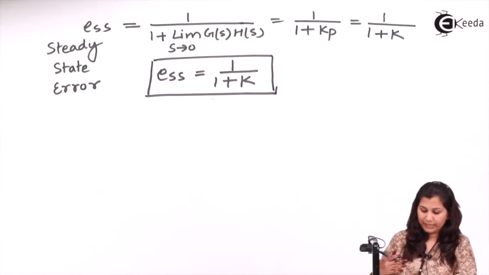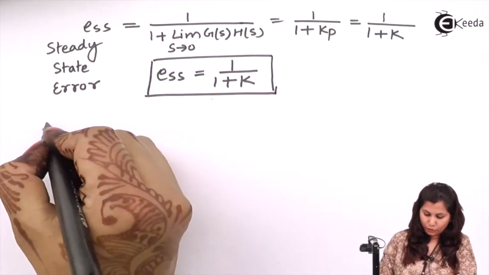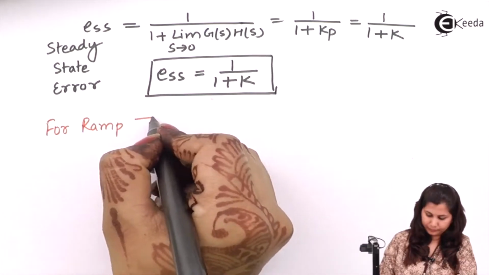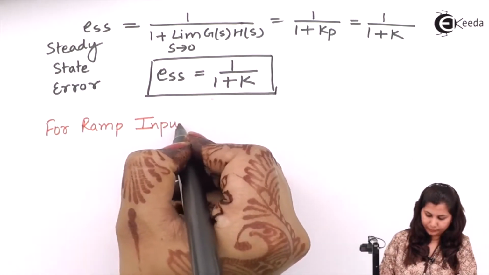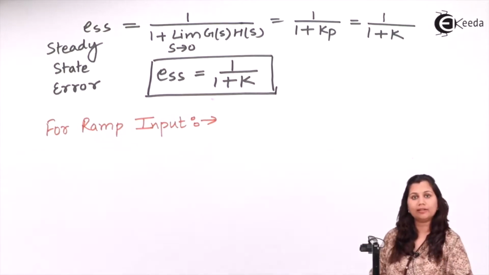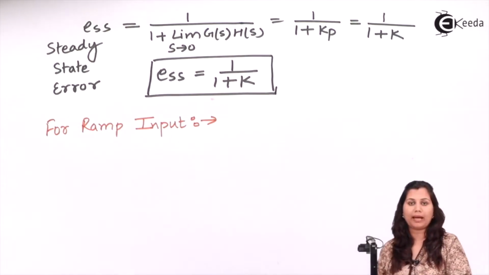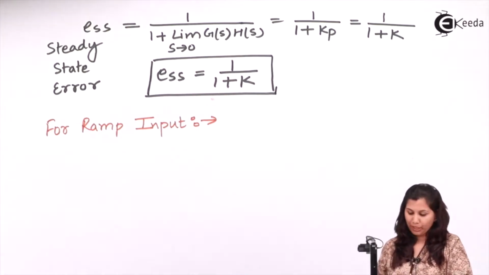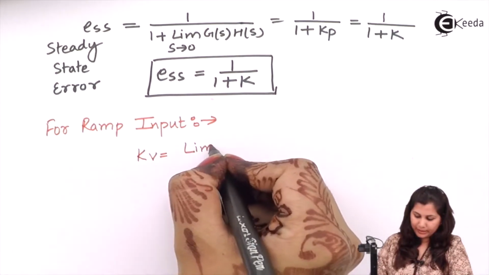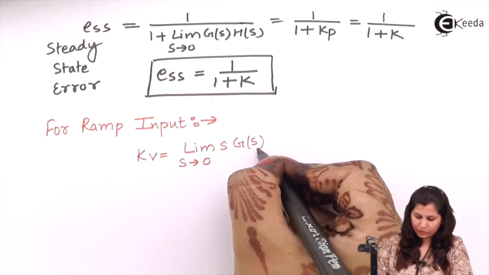Okay. Now taking the next input, that is the ramp input. So for ramp input, we have the static velocity error coefficient, and the static velocity error coefficient is represented by Kv. Okay, so Kv, its value is equal to limit s tends to 0 of s G(s)H(s).